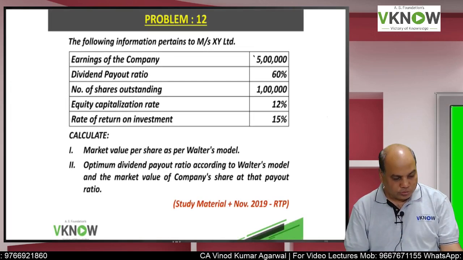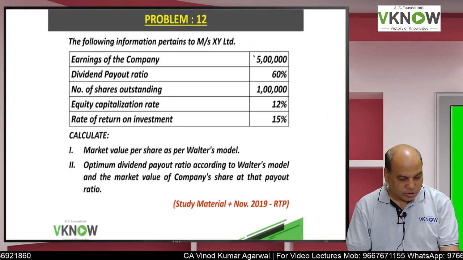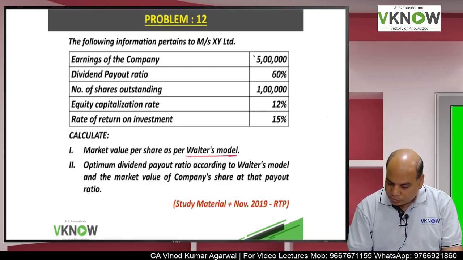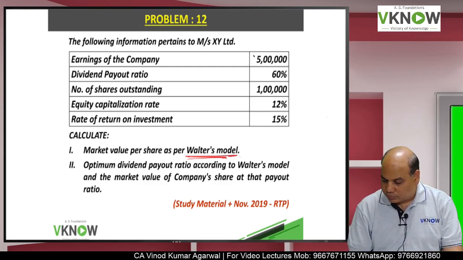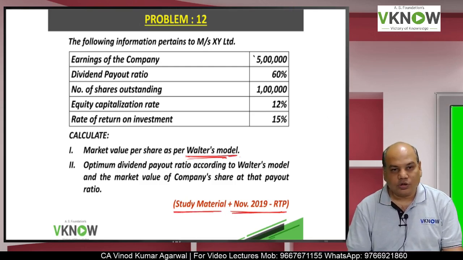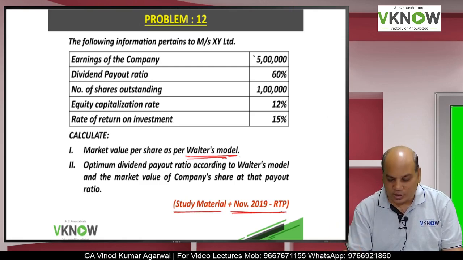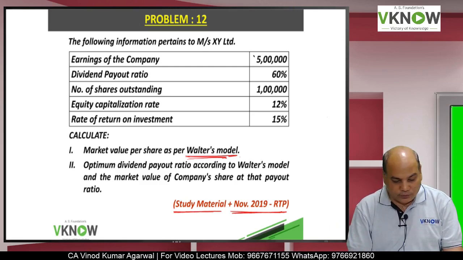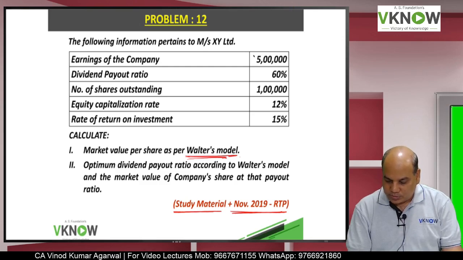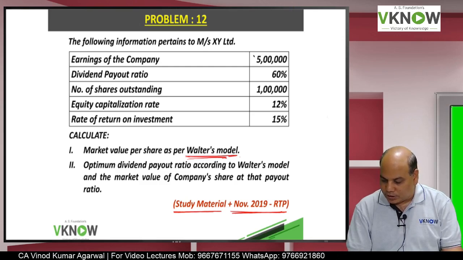Now we'll go to question number 12. This will give you practice of the Walter model. The question is there in the study material and was asked in the November 19 RTP. The following information pertains to Messrs. XY Limited. Earning of the company is 5 lakh.